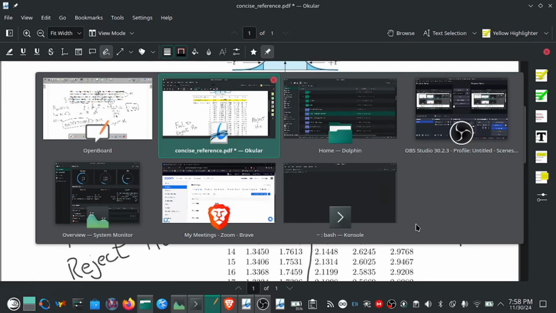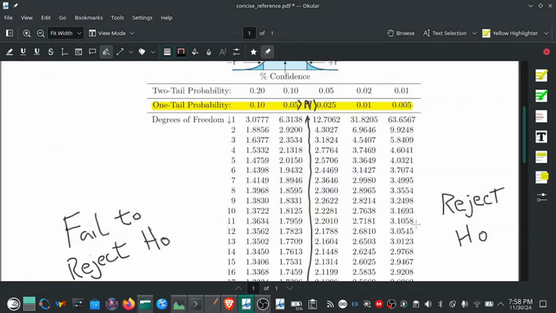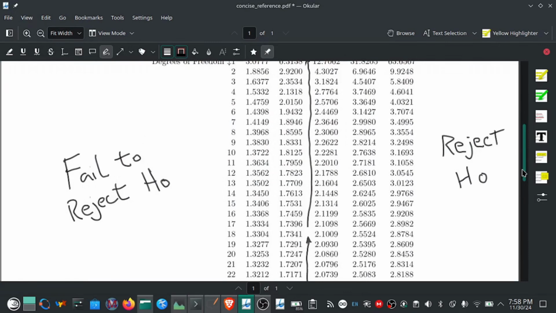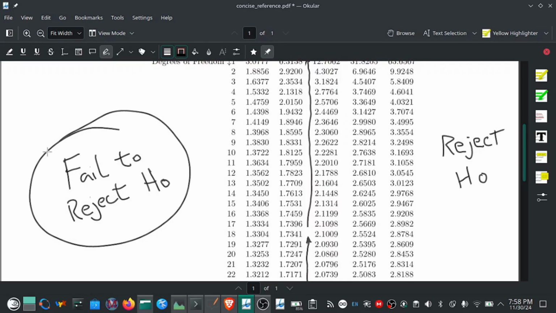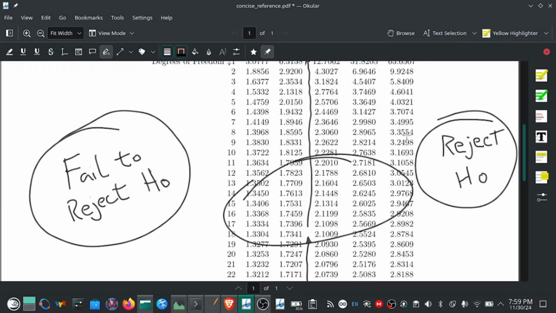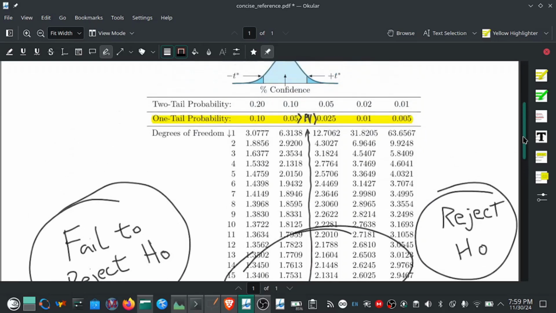Now let's go back to the t-table for a moment. I want to point something out. Oftentimes, test statistic values are either very small when compared to the values inside the table like these, or they're very large. You'll notice the trend at the top.